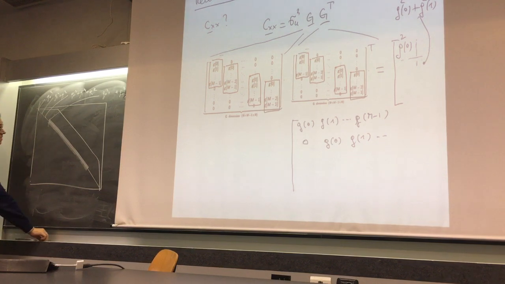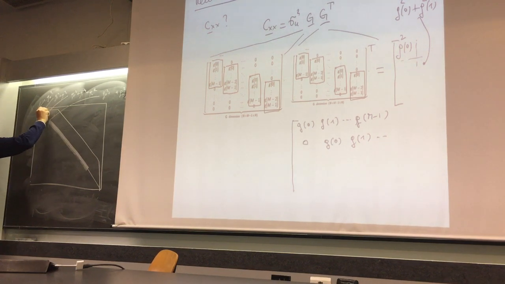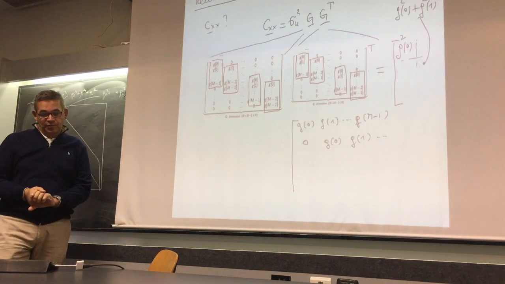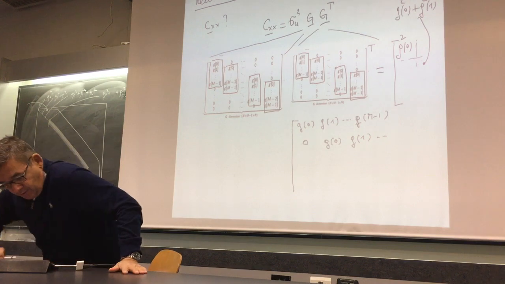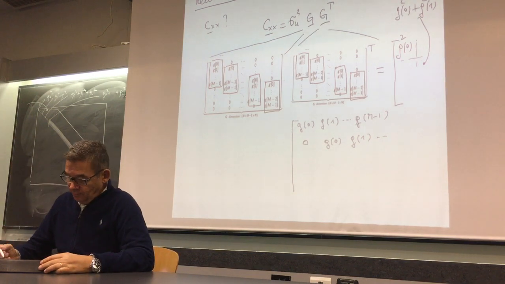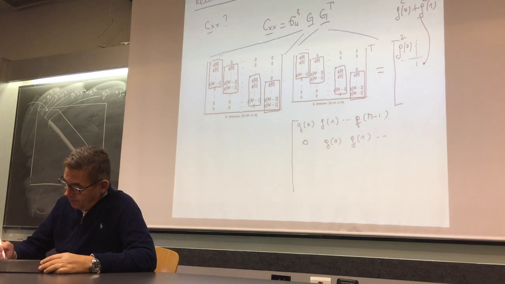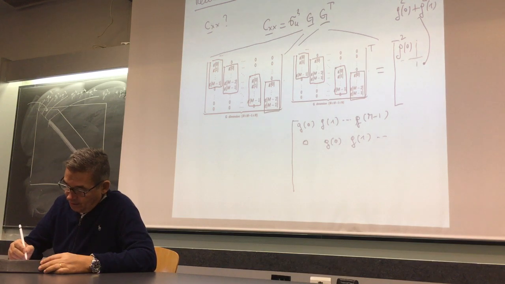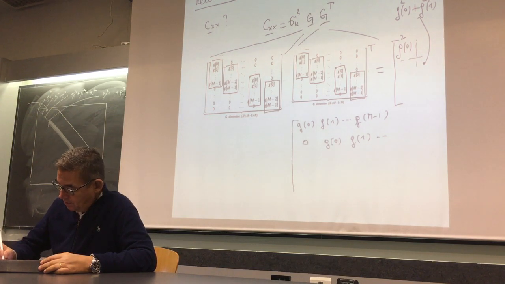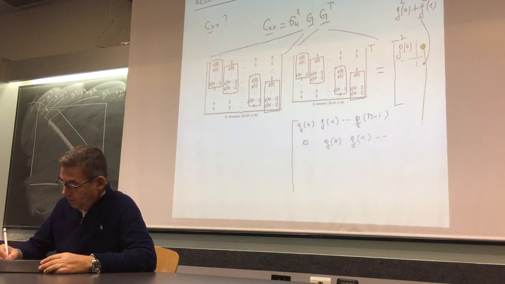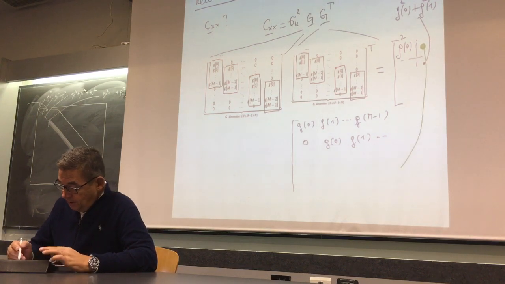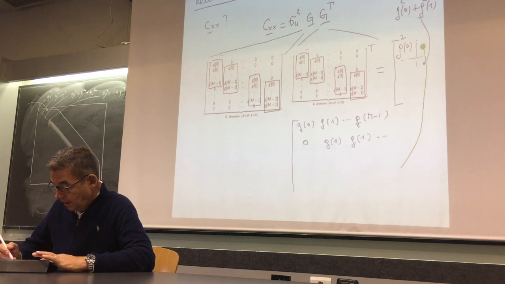Now, what is the entry, for instance, the first one in this position, or the second? Let me write in a different color. Here, it is G0 times G1.